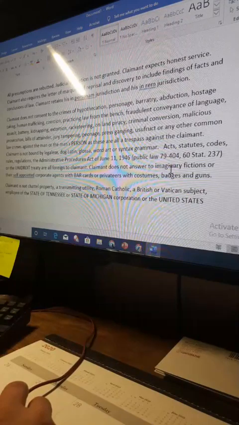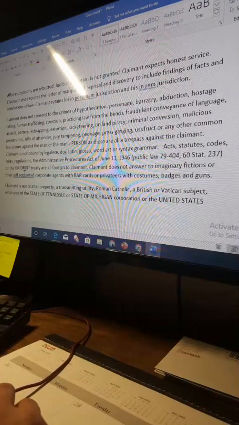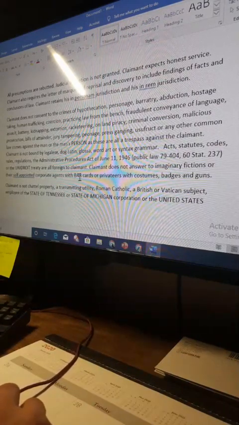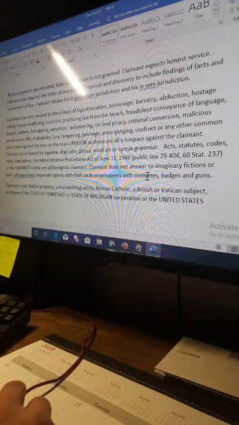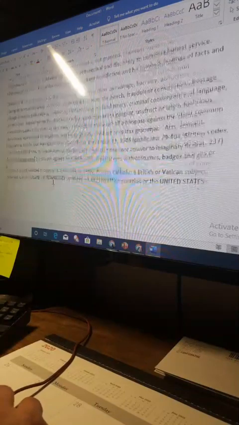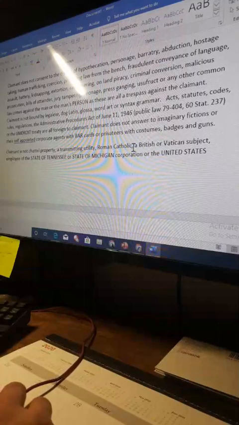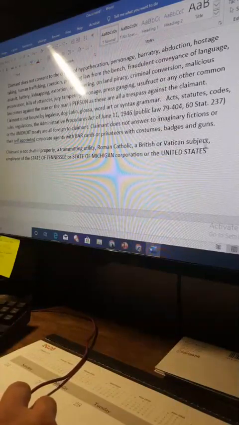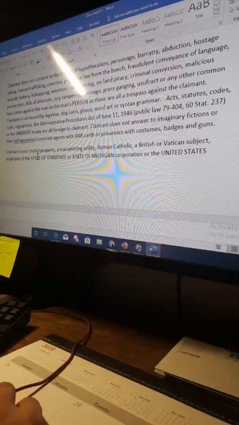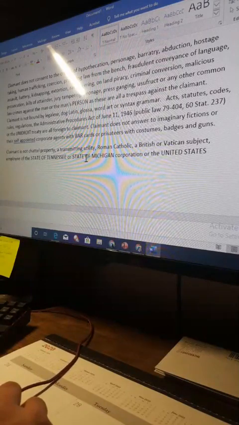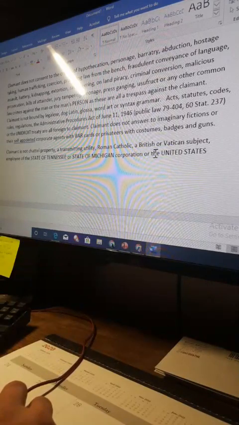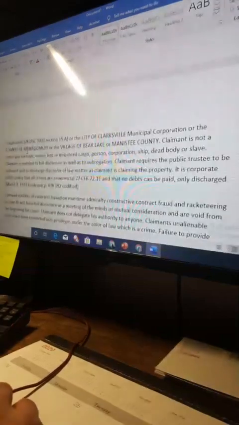Claimant does not answer to imaginary fictions or their self-appointed corporate agents with bar cards or privateers with costumes, badges, and guns. Claimant is not chattel property, a transmitting utility, Roman Catholic, a British or Vatican subject, employee of the state of Tennessee or state of Michigan, corporation, or the United States Corporation.